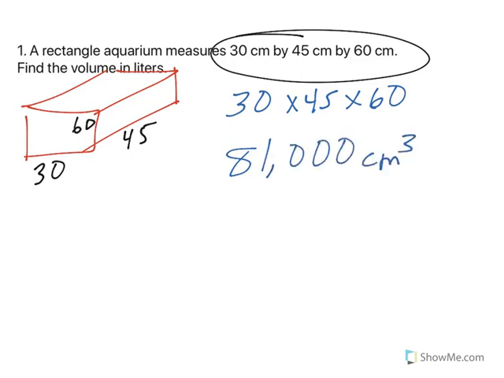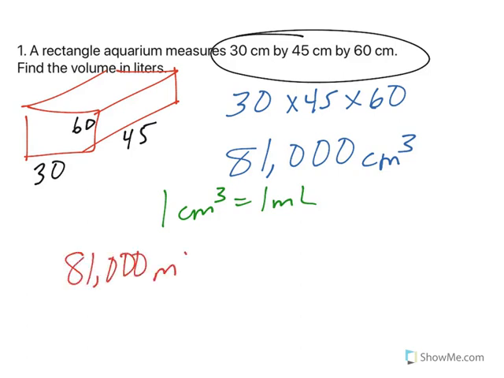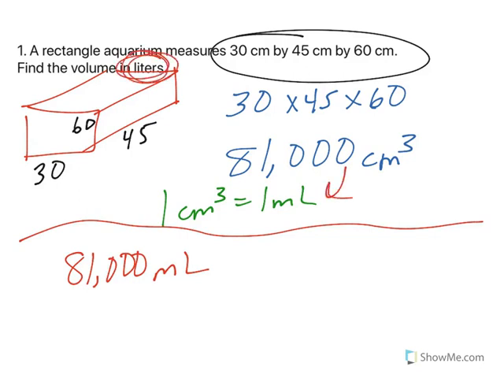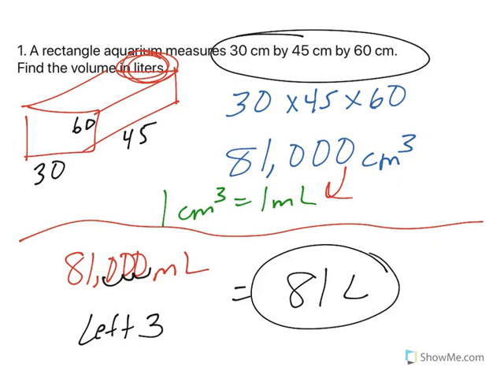And remember, from the first page, we know that 1 cubic centimeter is 1 milliliter. So this is a 1-to-1 ratio, and therefore this is equal to 81,000 milliliters, right? Because I just used a 1-to-1 ratio. Well, to go from milliliters to liters, I move left 3. 1, 2, 3, 81 liters.